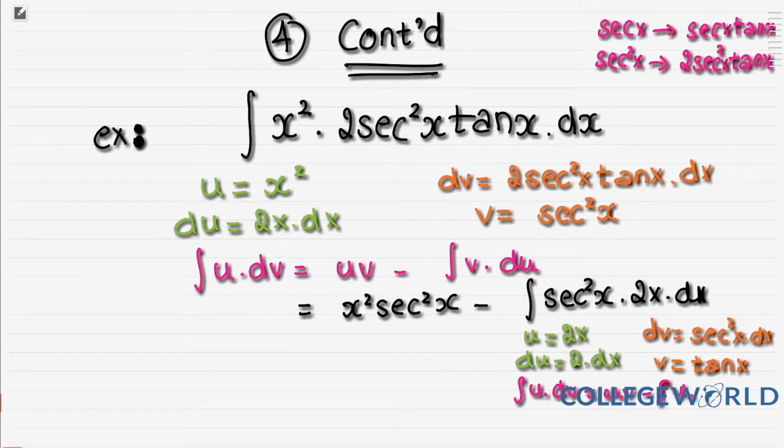If we write it out, this is going to be uv, so 2x tan x, minus our v du, which in our case here is going to be tan x times 2 dx.